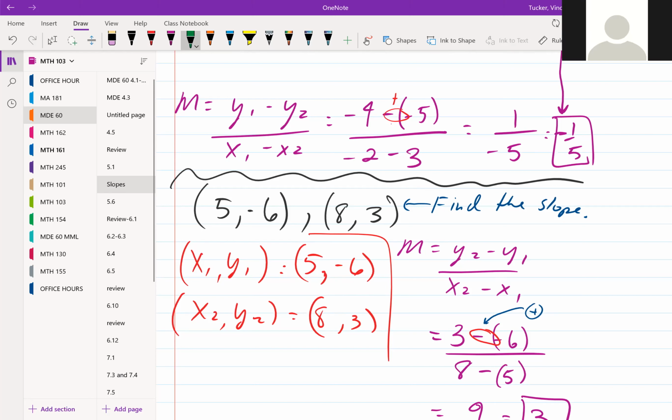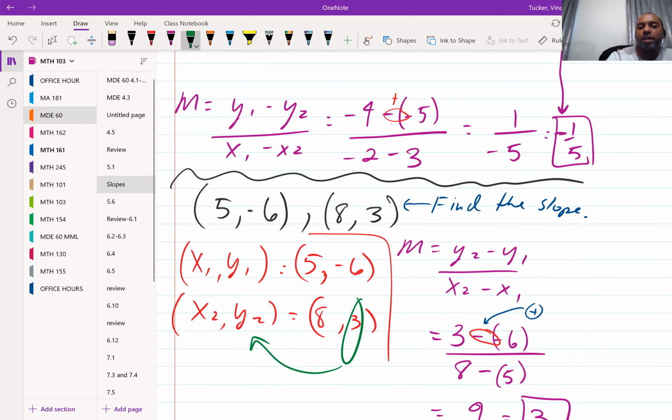Man, I'm lost. All right, what part? All of it, just the substitutions. Okay, so do you see that this is y2 in reference to point 2? But couldn't it also be y1?